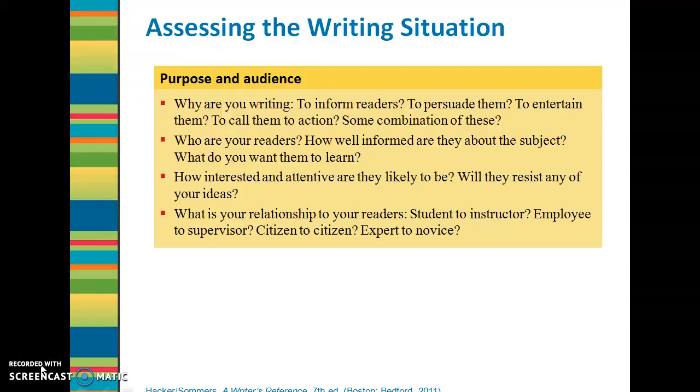Are you writing to another citizen? Are you writing to an expert in the field? Are you writing to propose legislation? All of these relationships with readers are important, and their education level as well.